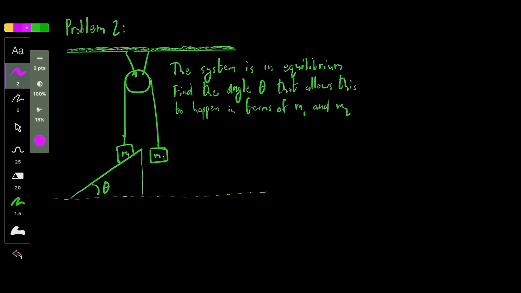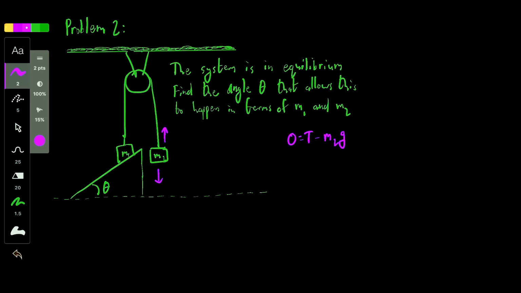Since our net force is equal to 0, we have a tension T pulling upwards, and the weight of m2 pulling downwards. So 0 is equal to T minus m2 times the gravitational acceleration, g.